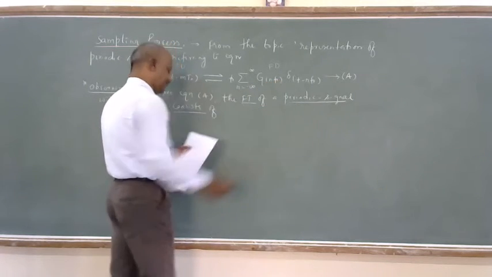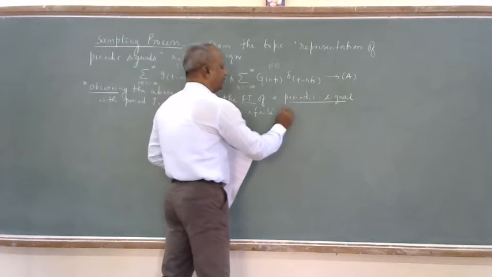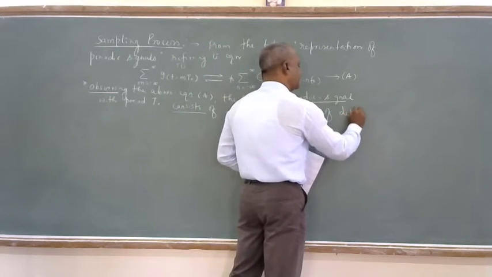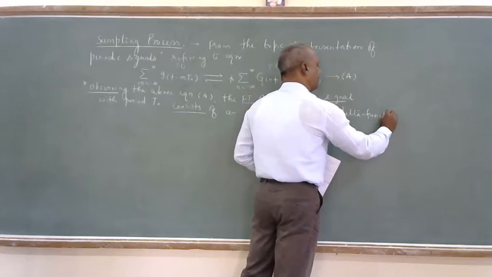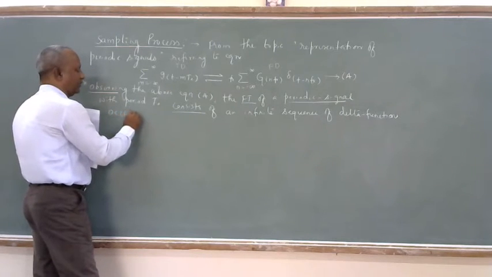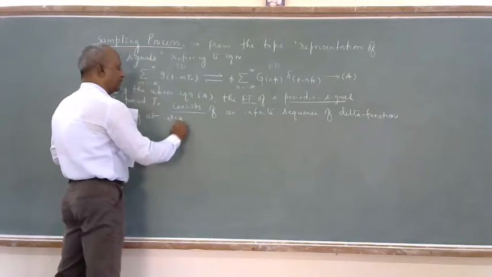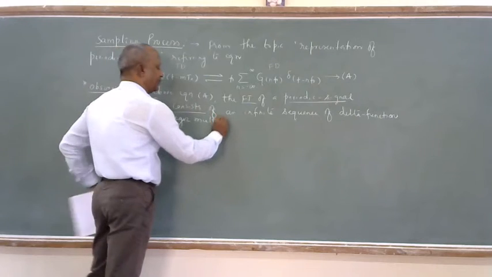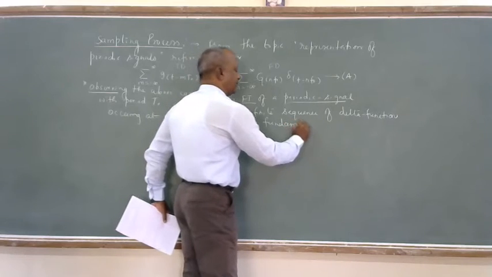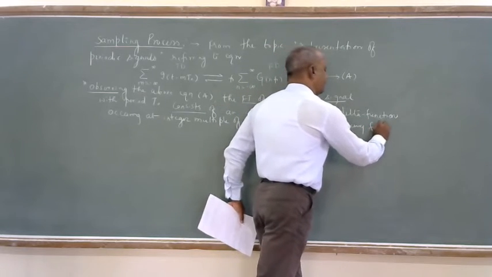A periodic signal in time domain with period t naught has a Fourier transform, the right hand side, consisting of an infinite sequence of delta functions occurring at integer multiples of the fundamental frequency f naught, which is equal to 1 by t naught.